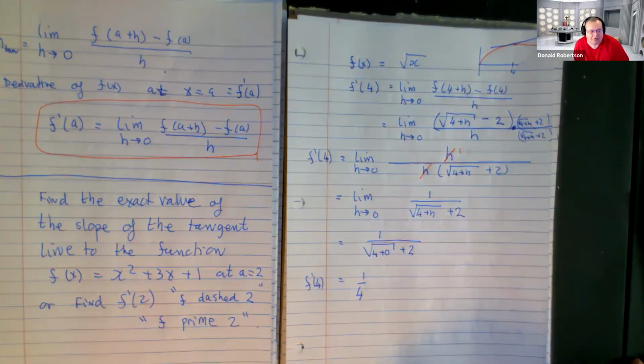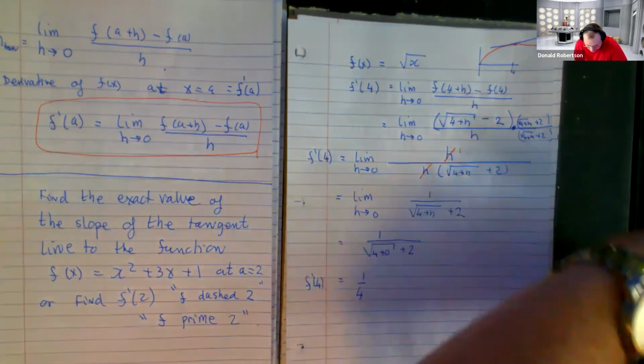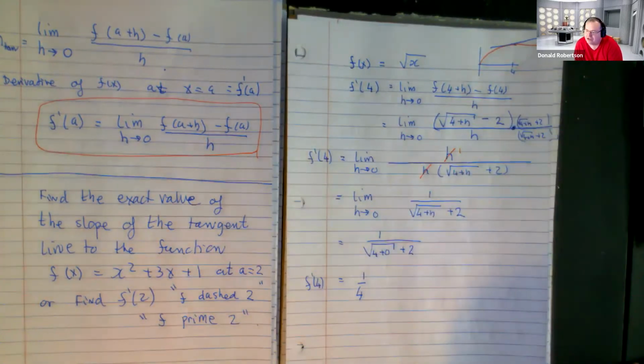Once you know how to find derivatives, slopes of tangent lines, it then just explodes out into the sciences. Because a lot of the things that scientists do is they work with rates of change, and rates of change are really just derivatives.